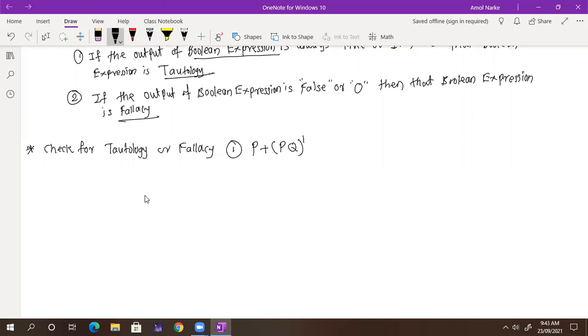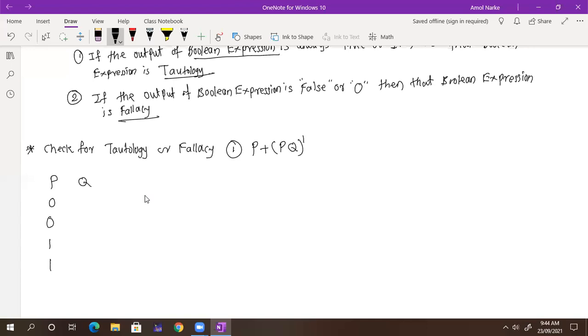Everyone just find out how many variables we have here. Two variables. So how many combinations do we have? Four combinations. So first I write down P as 0, 0, 1, 1.